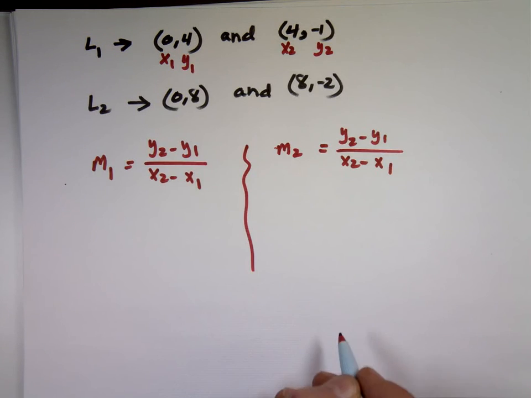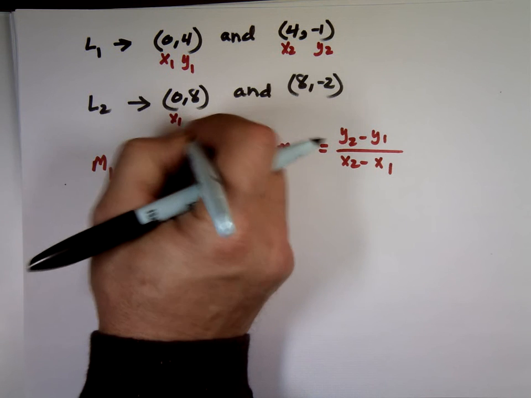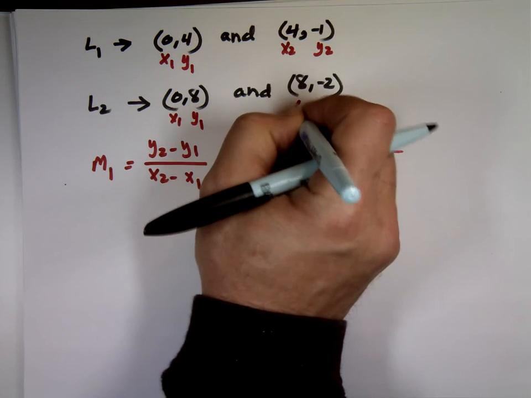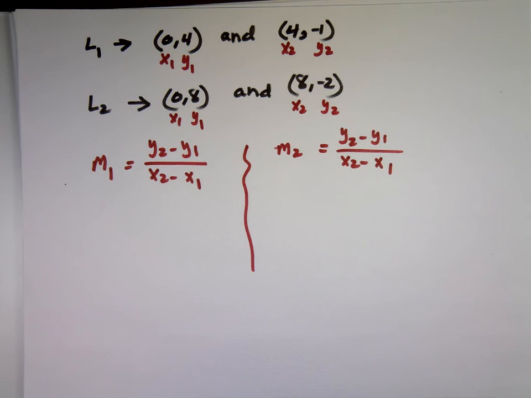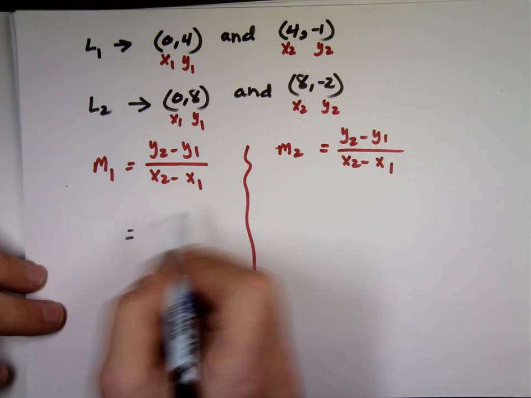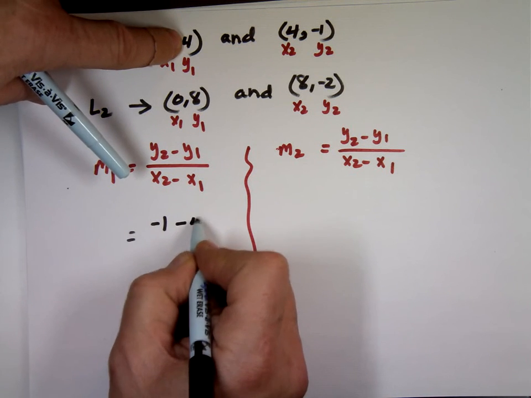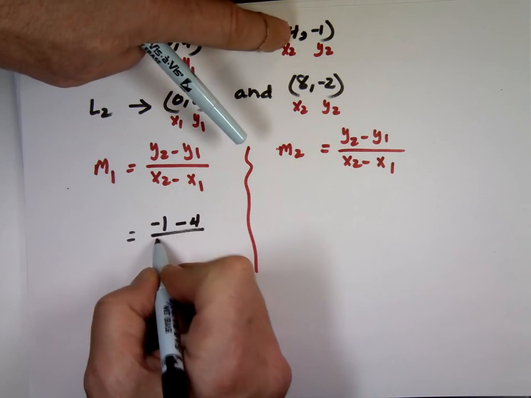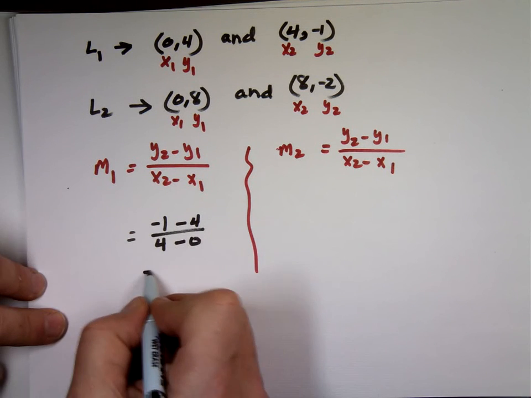This is the second line. This is x1, y1, x2, y2. Let's look at the first line. y sub 2, negative 1, minus y sub 1, which is 4, over x sub 2, which is 4, minus x sub 1, which is 0. So what do we have? Negative 5 over 4.